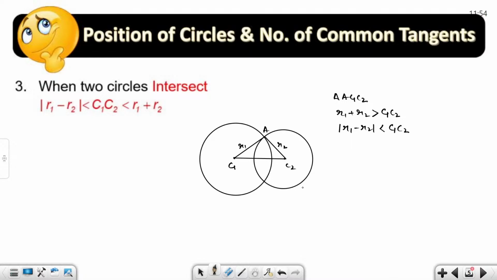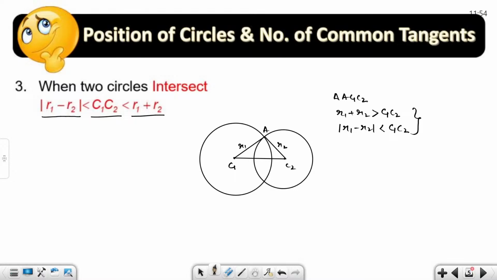Is it clear? So now if we combine these two, we get modulus of R1 minus R2 is less than C1C2 is less than R1 plus R2. When this happens, we say that two circles intersect each other.